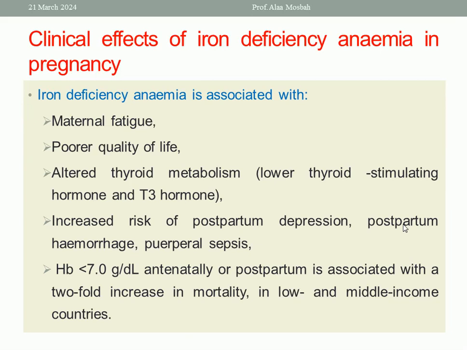Also, if severe anemia, hemoglobin less than 7 gram per deciliter antenatally or postpartum, this could lead to a twofold increase in mortality in low and middle income countries.